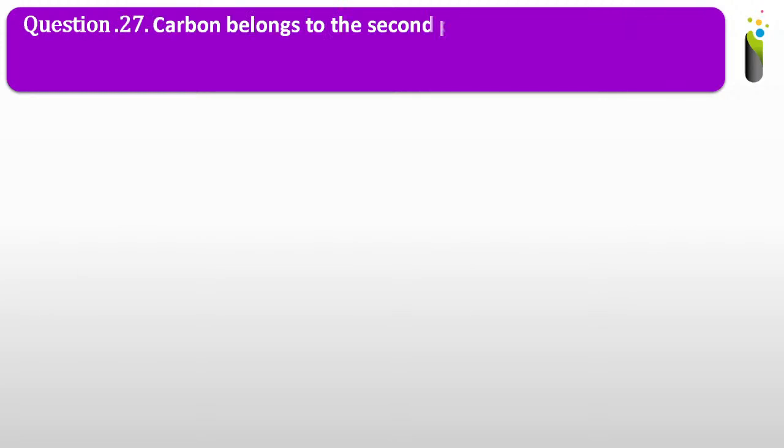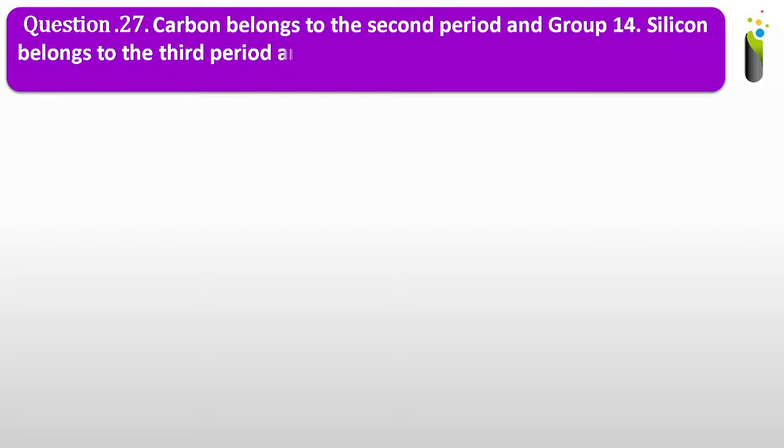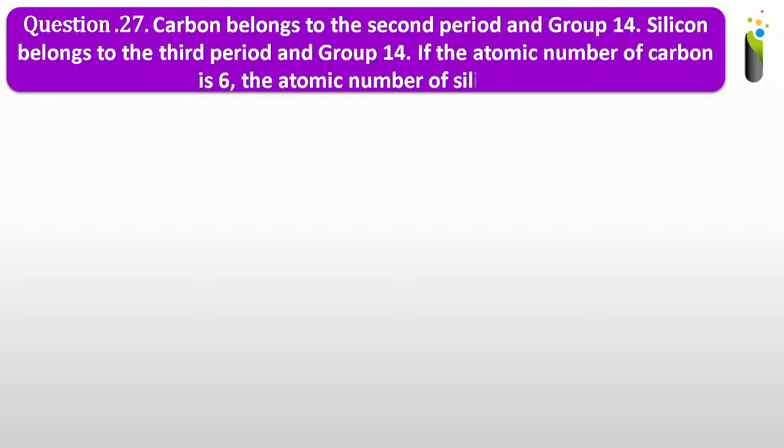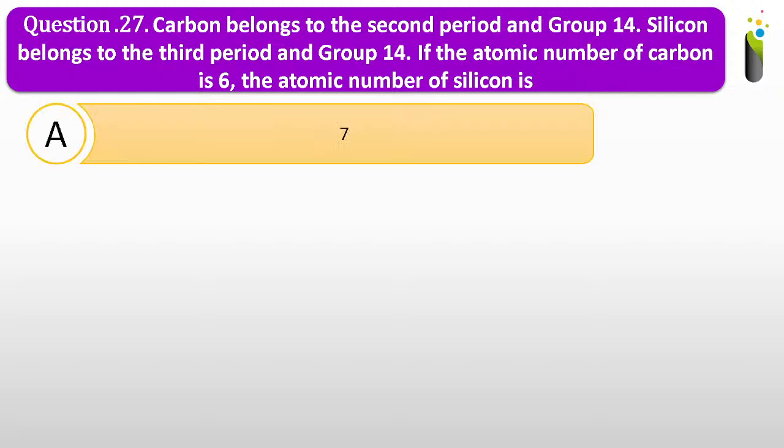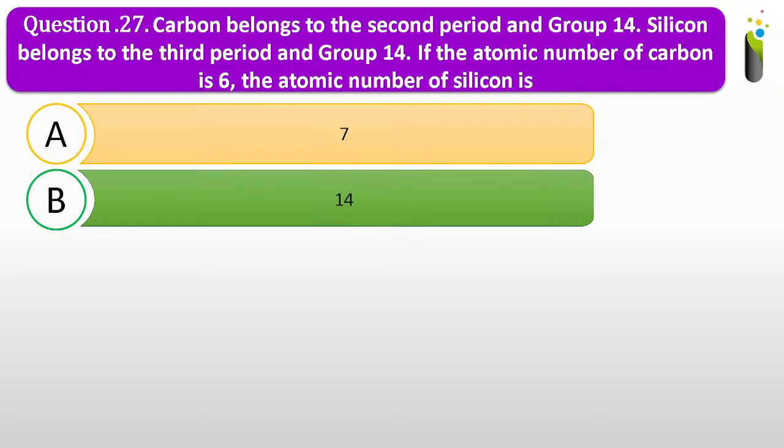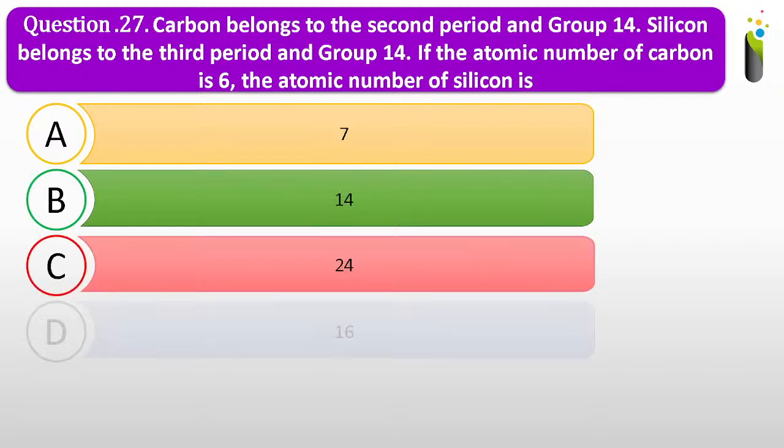Question number 27. Carbon belongs to the second period and group 14. Silicon belongs to the third period and group 14. If the atomic number of carbon is 6, the atomic number of silicon is dash. A 7, B 14, C 24, D 60.